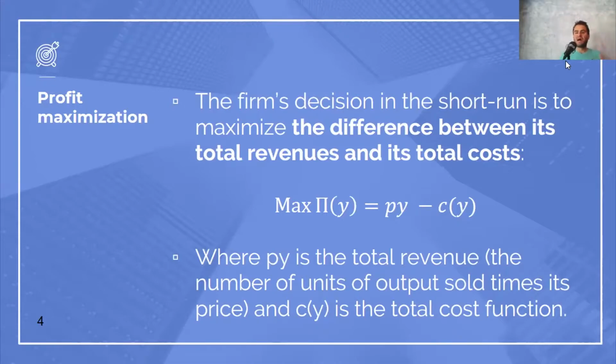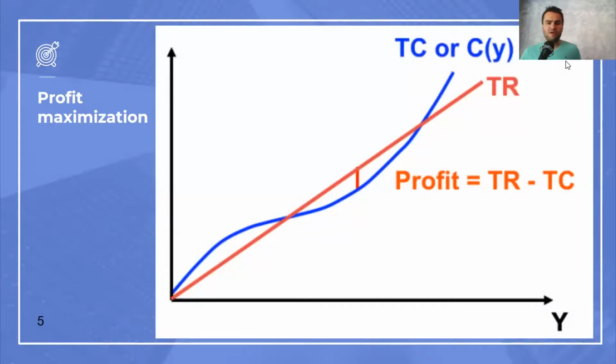The idea is, how do I maximize those profits? What is the particular level of production in which I get the greatest difference between my revenues and my costs? And that is where the cost minimization function enters the problem or the setup. So more or less, this is a little bit the idea of profit maximization. You have two functions, and what you're looking to find is the greatest difference between them.